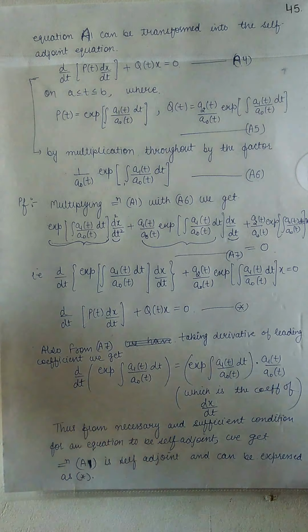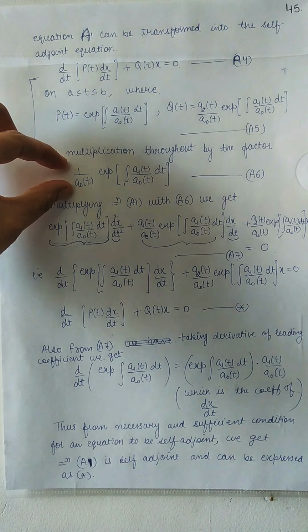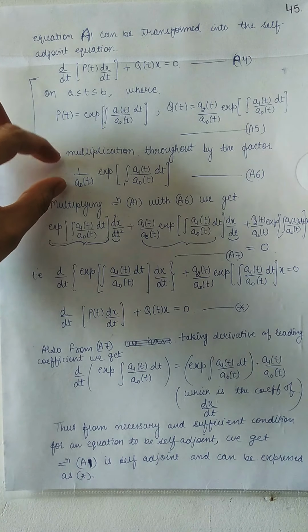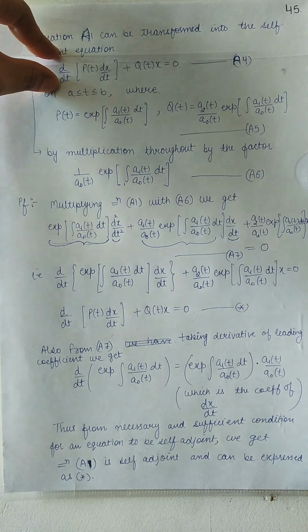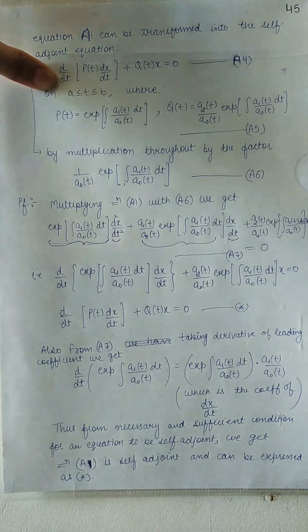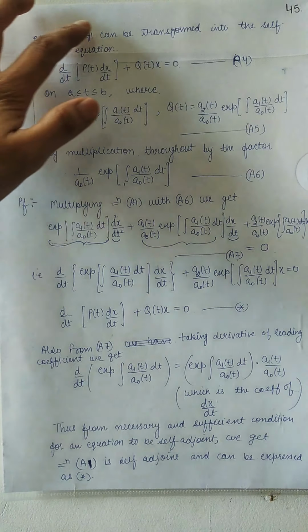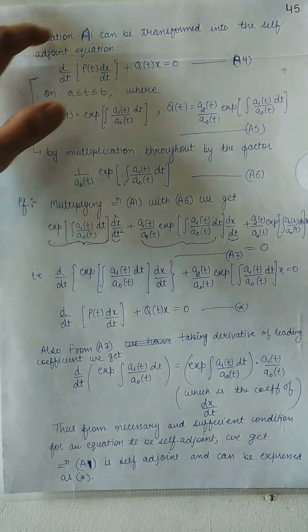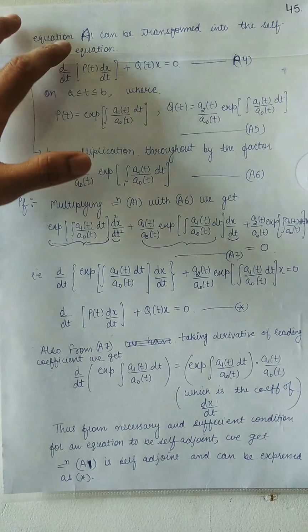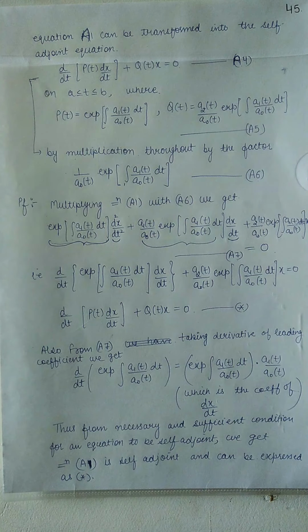If we multiply this factor with equation A1, it transforms into the form of a self-adjoint equation, where p(t) and q(t) are given by these two terms.